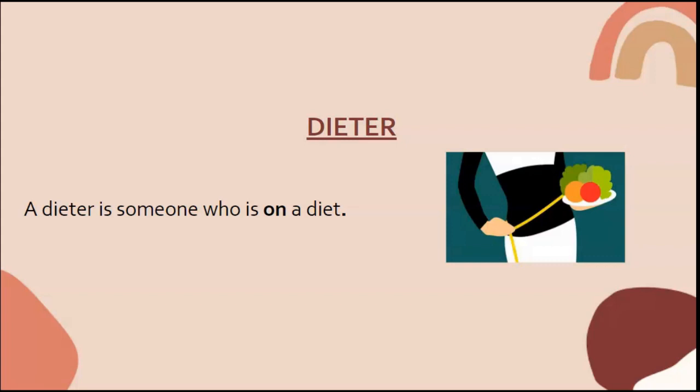But dieter is the person who is on a diet. So when we say dieter, we refer to the person on a diet. Be careful here and pay attention to all the vocabulary that I am sharing with you. In this case, for example, the preposition on, right? To be on a diet.